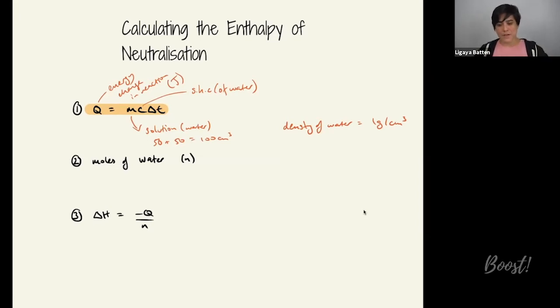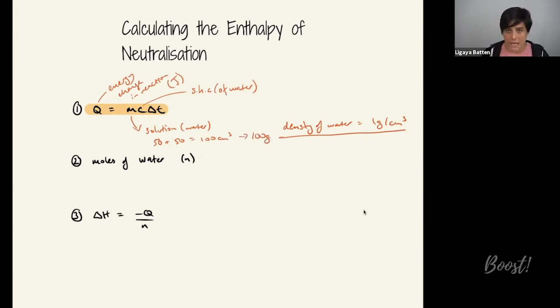So even though the value that we want to put into the equation is mass, we actually use the volume of the solution to say that that's equivalent to the mass, because the density of water is 1 gram per centimetre cubed. So the mass is going to be 100 grams because the volume of the solution was 100 centimetres cubed.